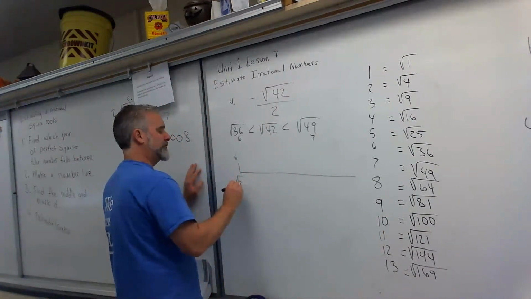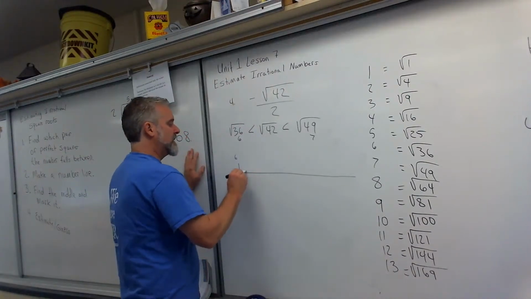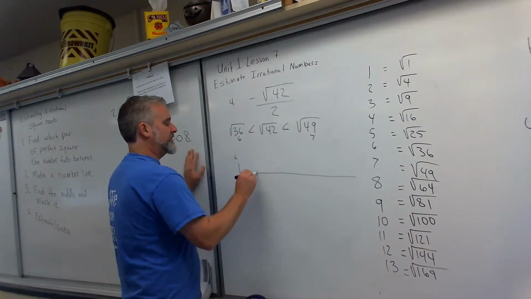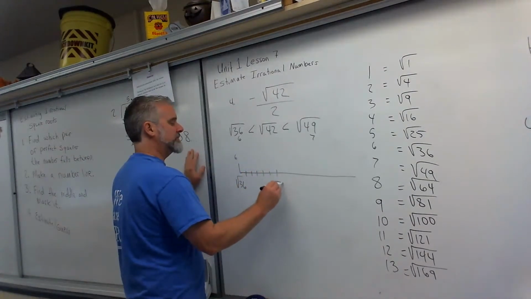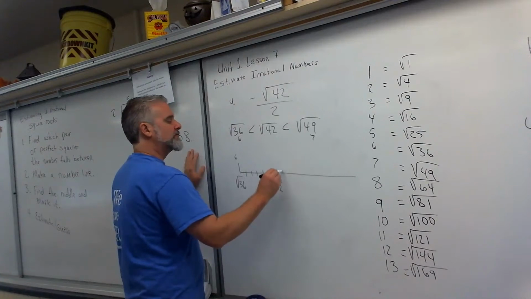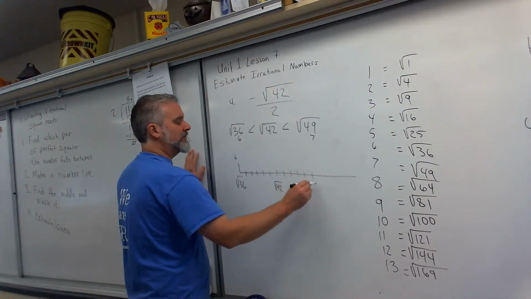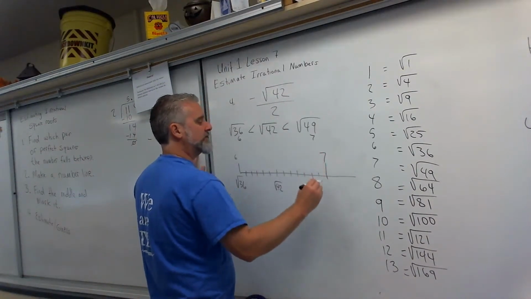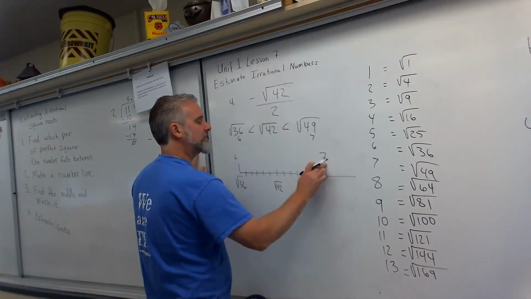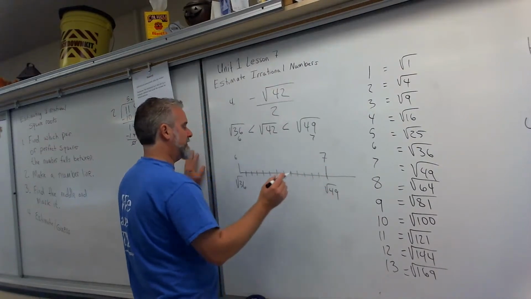6. Square root of 36. Now I could have left it up from the last one. That's okay. 37, 38, 39, 40, 41, 42, 43, 44, 45, 46, 47, 48, 49. Bring that up. That's our 7 mark. And square root of 49 is our 7.